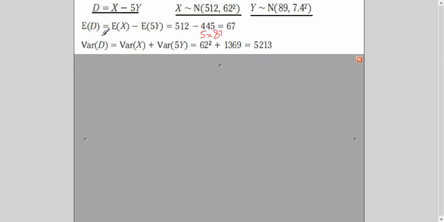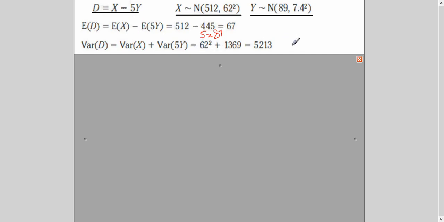For the variance of d, or variance of x minus 5y, it is variance of x plus, remember I told you in the normal distribution, when you are taking difference or addition, the variance is always added, right? So it is plus 5 square times variance of y, because of the formula we have seen earlier.